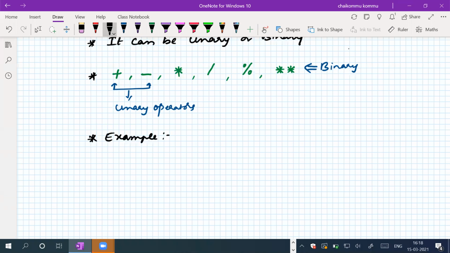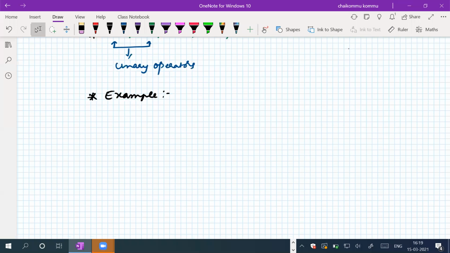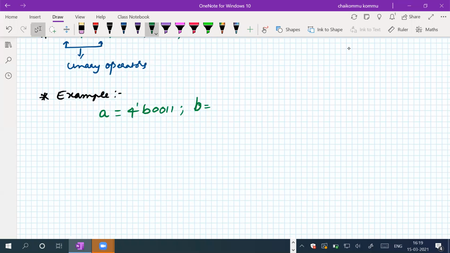Let us consider A is equal to a 4-bit 0011, for example, and B is equal to a 4-bit 0100. This is the data I have given, and D is equal to 6, E is equal to 4, and F is equal to 2, for example.